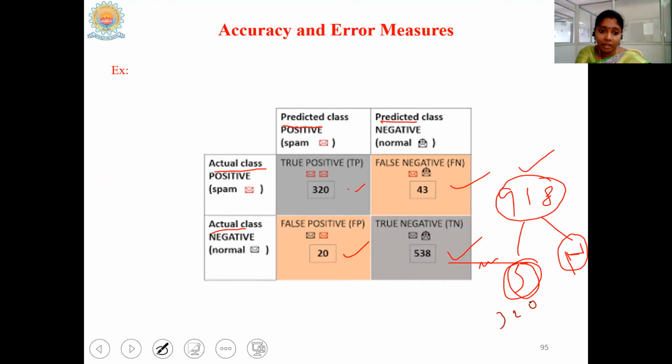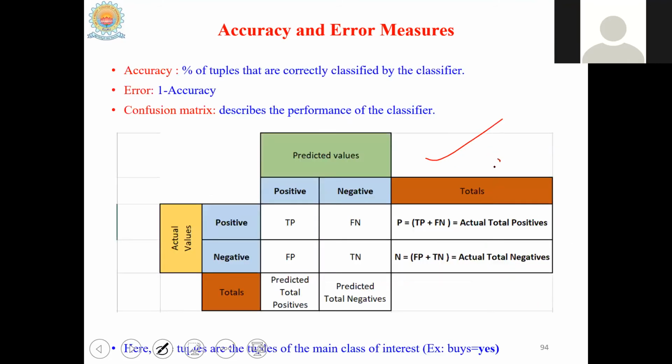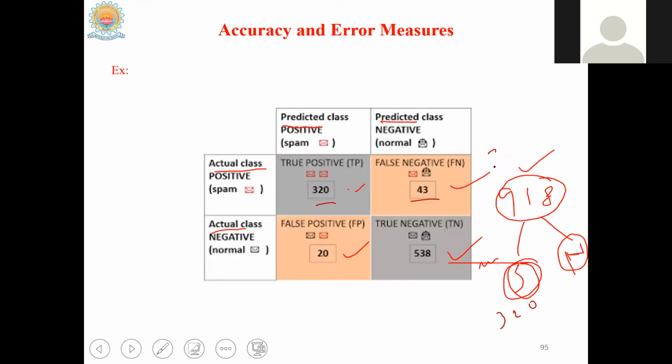Wait, here actual positive 320 plus 43, how much? 363, ma'am. Okay, 320 plus 43 is 363.